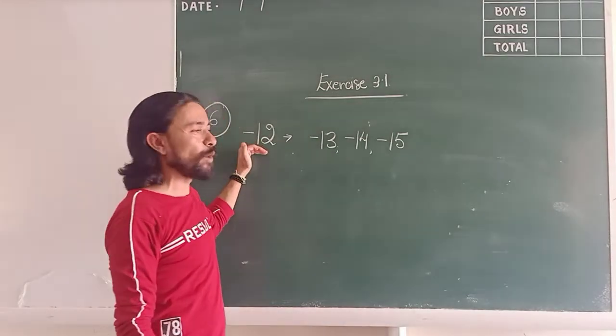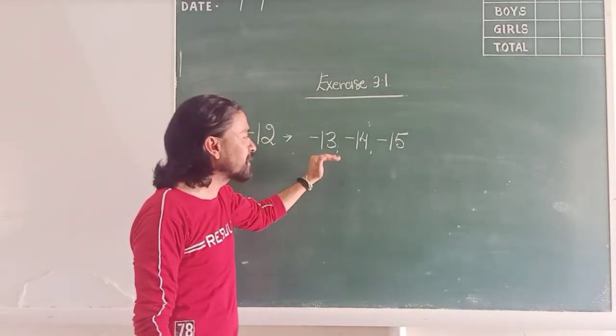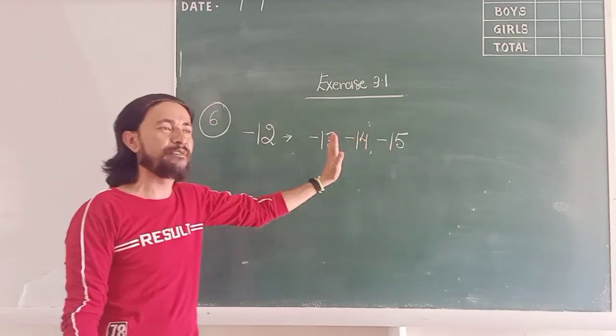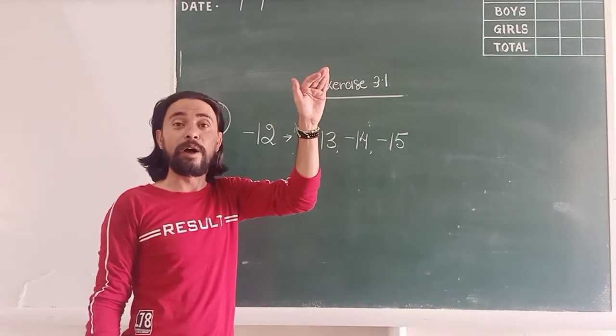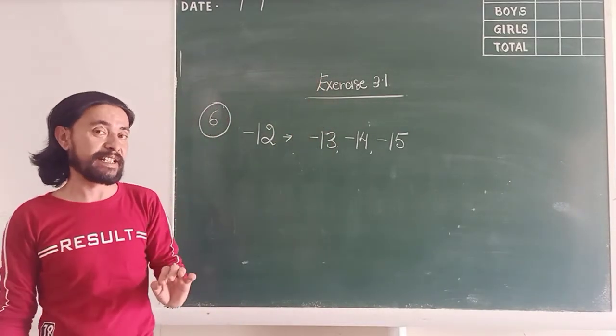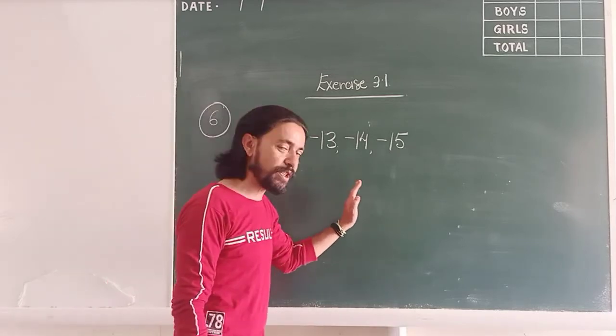So minus 12, if I am writing numbers less than minus 12, they will be minus 13, minus 14, minus 15. I have to go away from the 0 for the value to go on decreasing because they said less than. Had they said greater than, then I have to go closer to the 0.